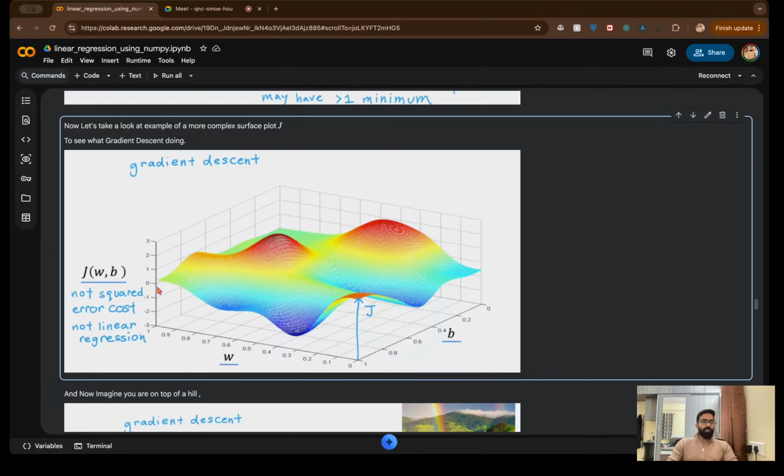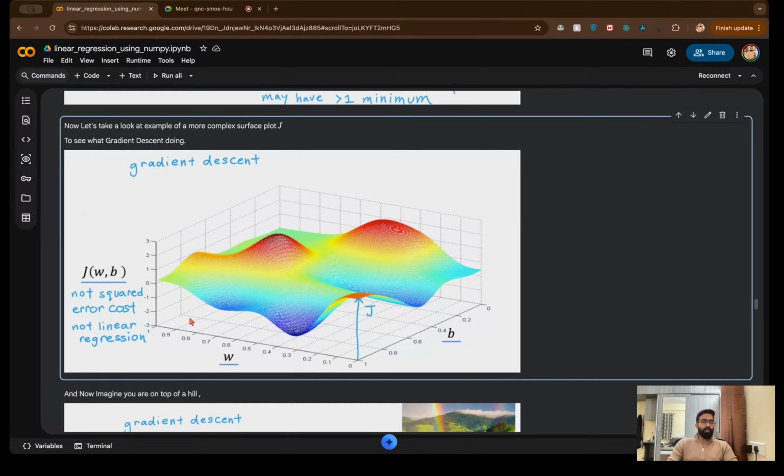In the middle, there is 0, and at the bottom, there are negative values as well. You can see the z axis is divided in the middle, where there is 0. Green is 0, red is high, a positive value, and blue is the negative value.